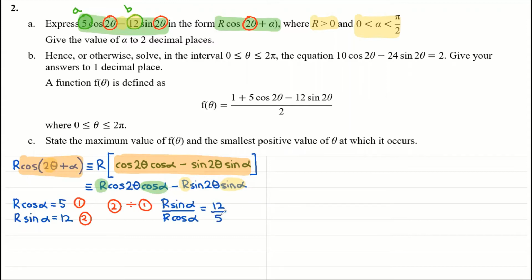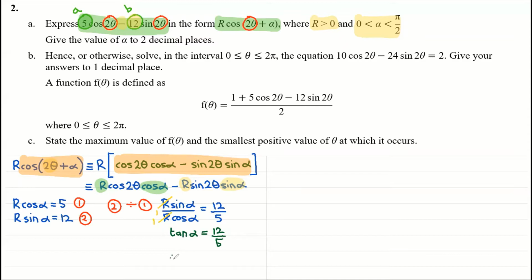Now, let's have a look at the cancellation. That's going to be 1. That's going to be 1. And we have tan alpha equals 12 over 5. And you'll notice this is a Pythagorean triple, well, in the making. So you've got two shorter sides of 12 and 5, which give you a hypotenuse of 13. But we don't need that at the moment.